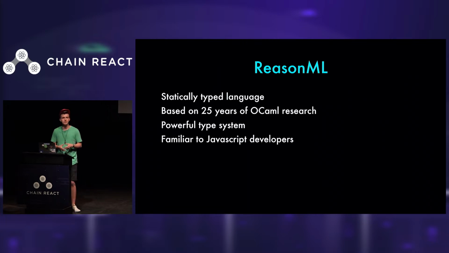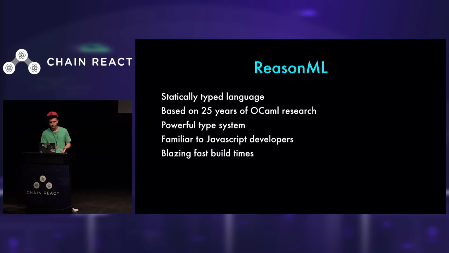So when I first experienced ReasonML, I was really excited because many things that I couldn't understand otherwise became easy to understand straight away. And obviously, it has a very powerful build system that makes build times very fast. Especially the incremental builds are so fast that sometimes you can't even notice that it rebuilt in the meantime.